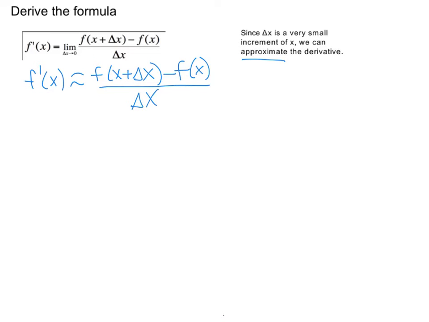Okay, so if we rearrange this a bit, for instance, we multiply both sides by delta x. So delta x times f prime of x is approximately f of x plus delta x minus f of x.